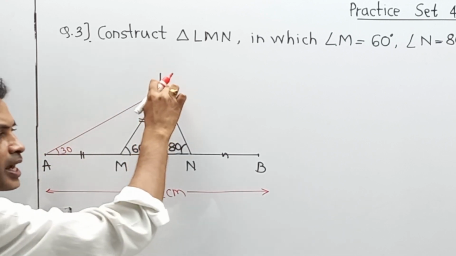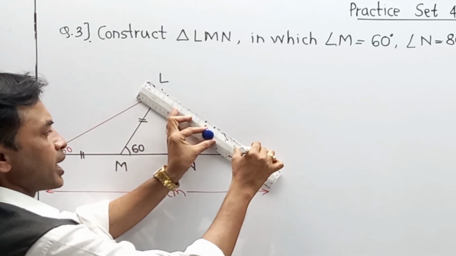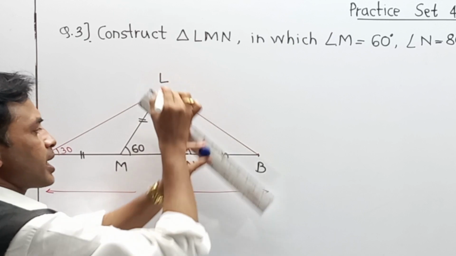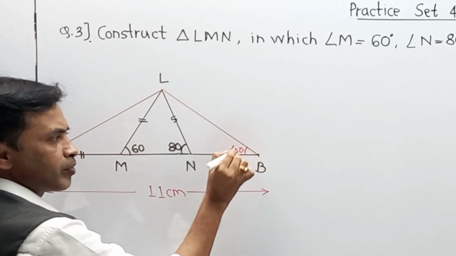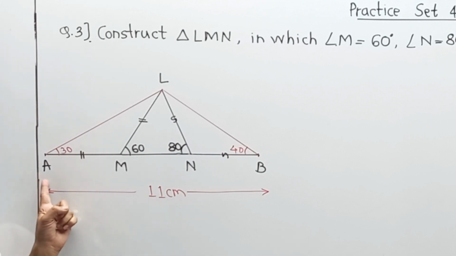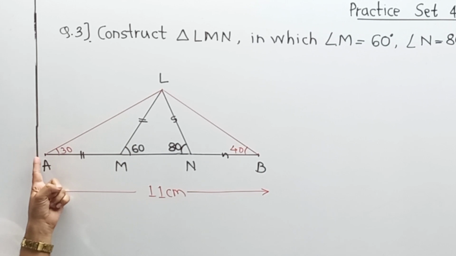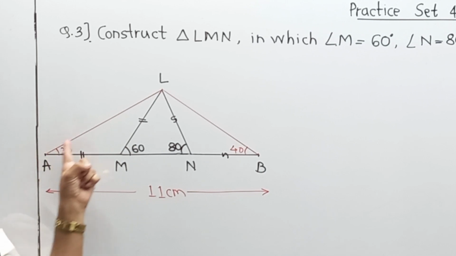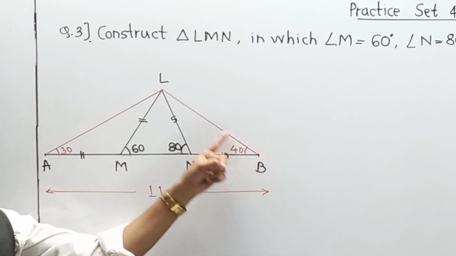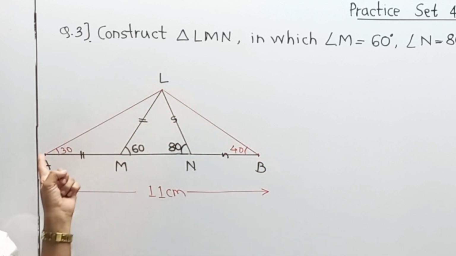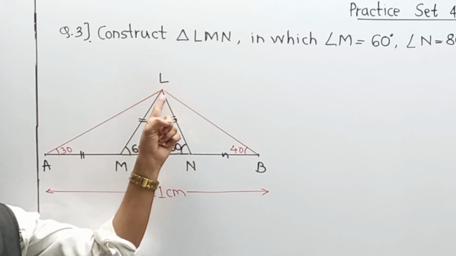In the same manner, angle LNM is 80 degrees. So this angle LBN becomes half of 80, that becomes 40 degrees. Means, first of all, we have to draw a length AB of 11 centimeters. After that, we have to take point A and the referential angle 30 degrees in the upward direction. And from point B, we have to take the referential angle of 40 degrees in the upward direction. From 30 and 40, the rays get joined together at the respective point, that is L.